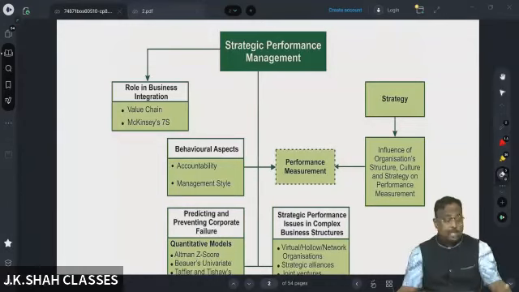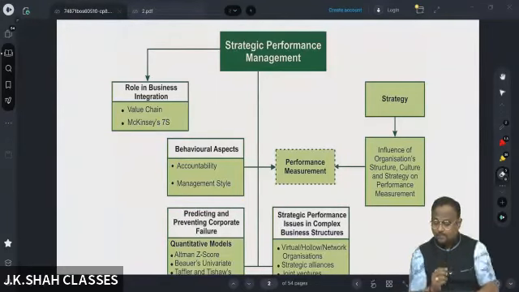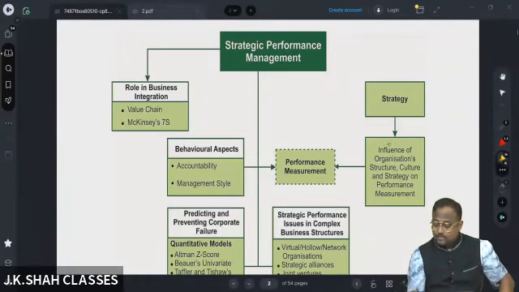And these different plans and actions are known as strategies. So what exactly do we do in case of strategic cost management? The most important factor is, what is strategy?